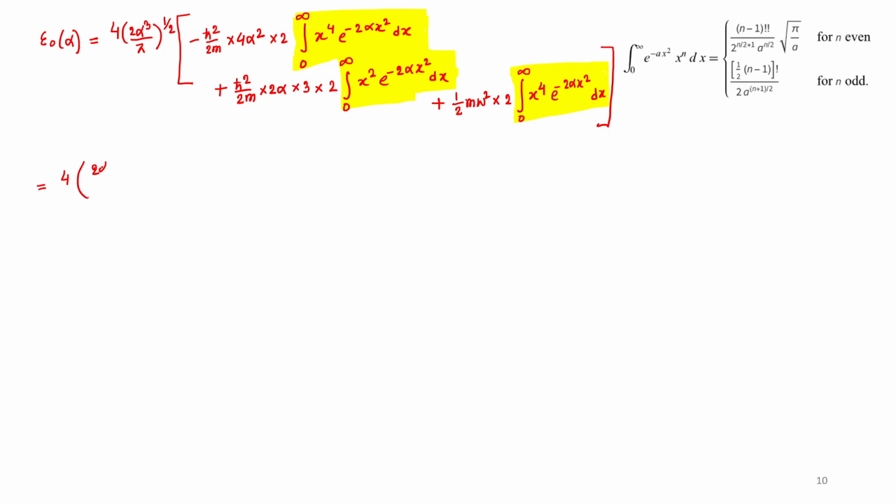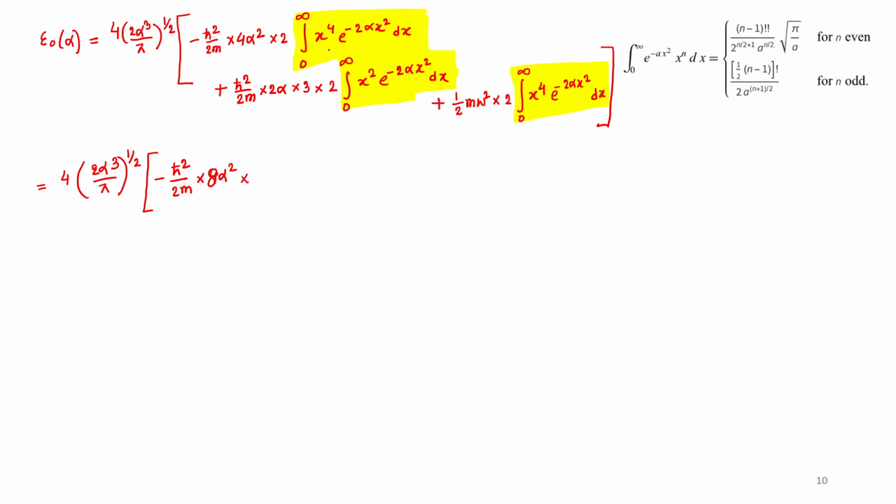4 2 alpha cubed by 5. So it is minus h cut square by 2m, 4 alpha square. So it will integrate h alpha square.